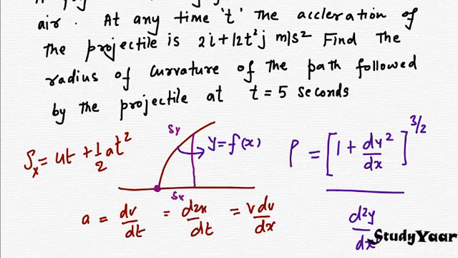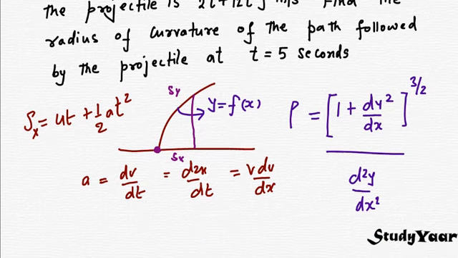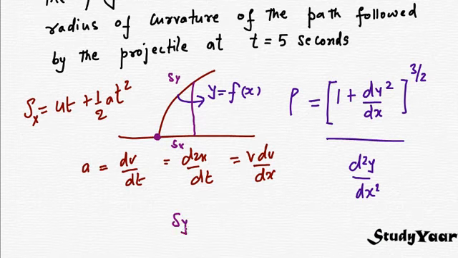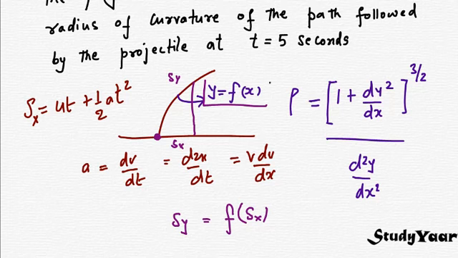If I can find out sy and sx and relate them, then I will get my y is equal to f(x). I basically want sy to be a function of sx. Once I have that, I could just find out the first order and second order derivative and get my rho. So let's find out sy, find out sx and try to relate them.